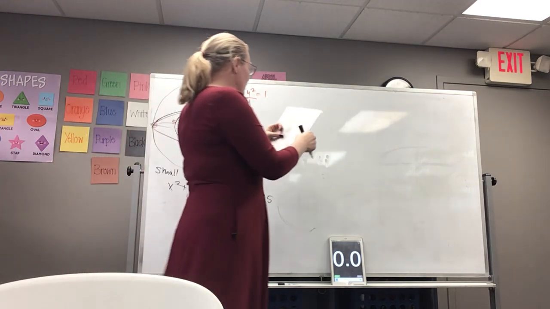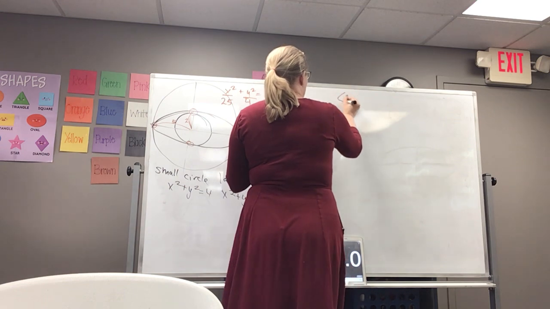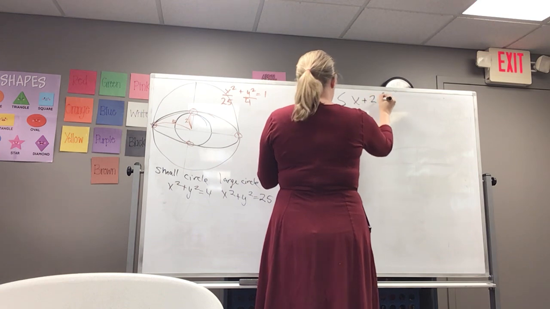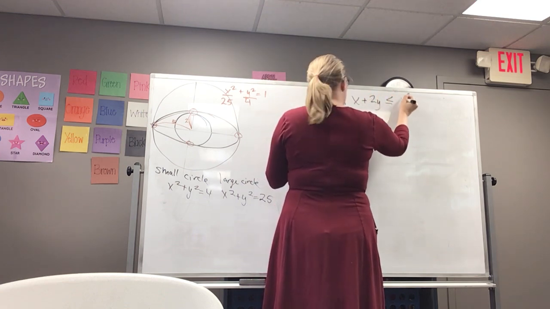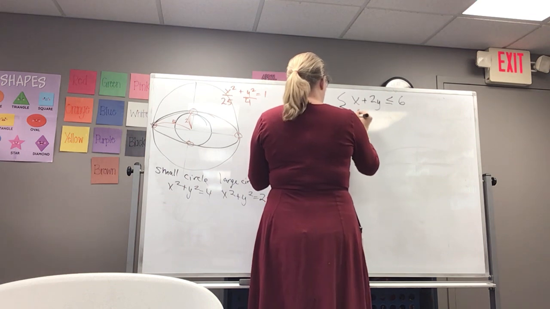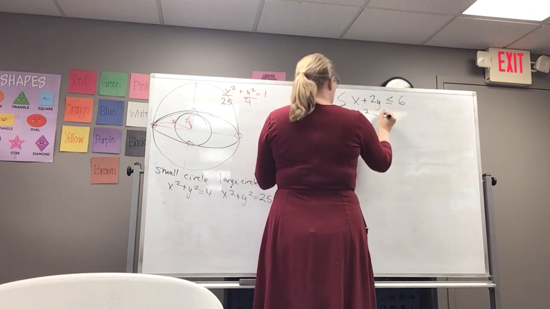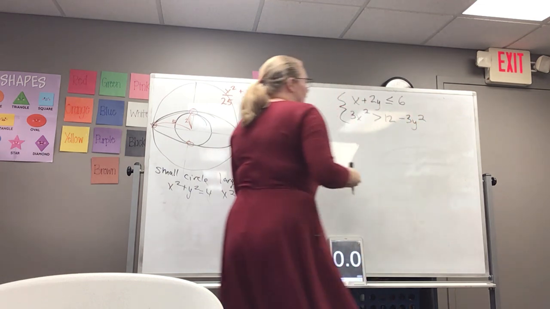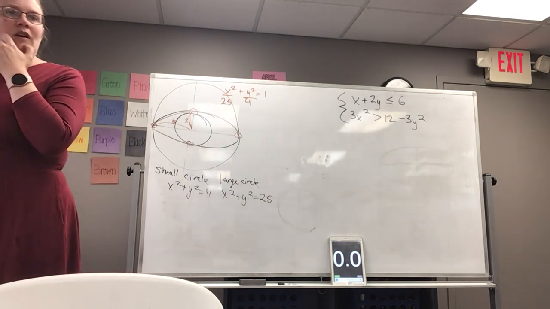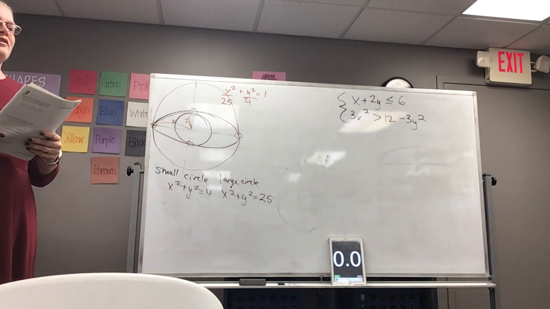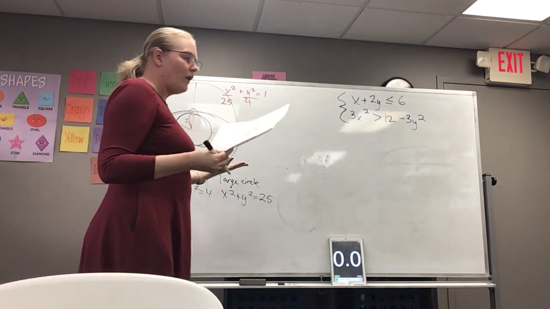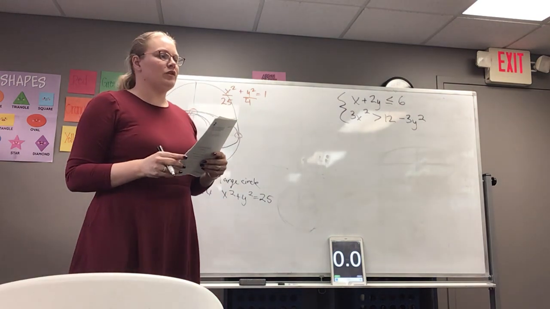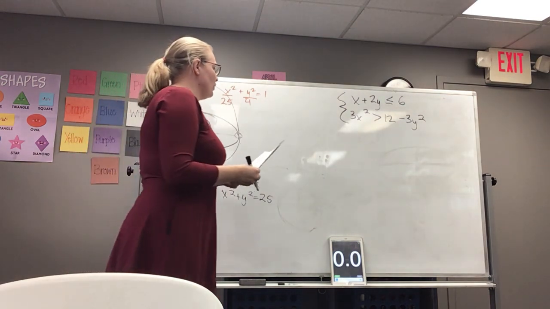And so the question asks to graph the system of inequalities where x plus 2y is less than or equal to 6 and 3x squared is greater than 12 minus 3y squared. And the question is, which one of these graphs is the correct graph? But I would get started with that. Any graphing that you want to do or solving that you want to do in order to graph it.